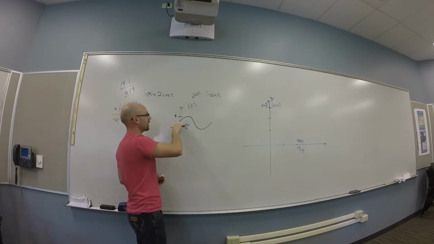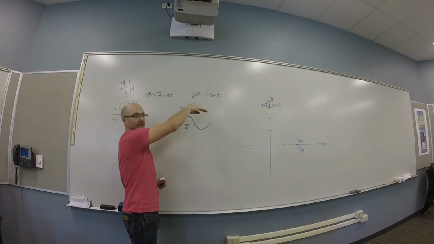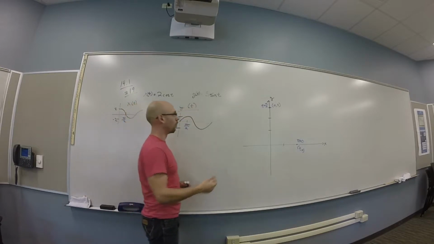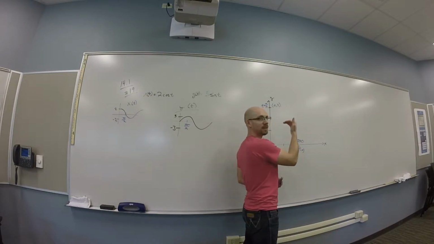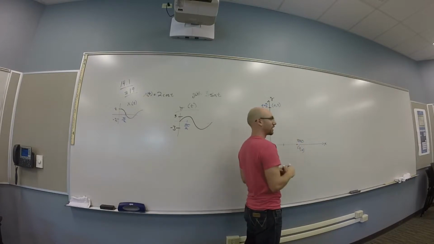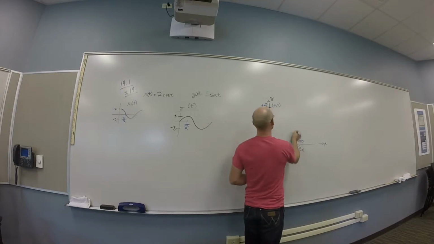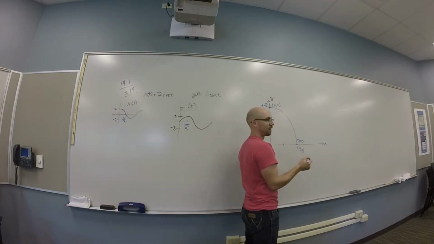And the y's are changing fast initially and then slow later. So the y's should be fast at the beginning, slow at the end. X's should be slow at the beginning, fast at the end. That seems like one of these. You guys see that?